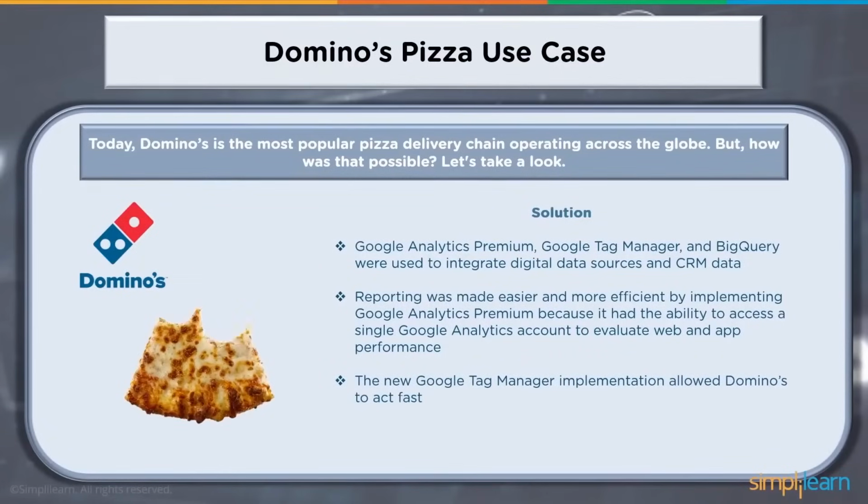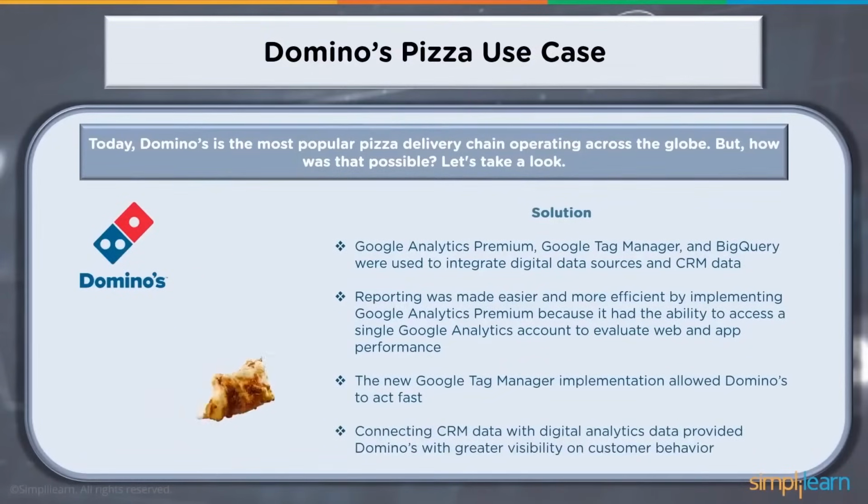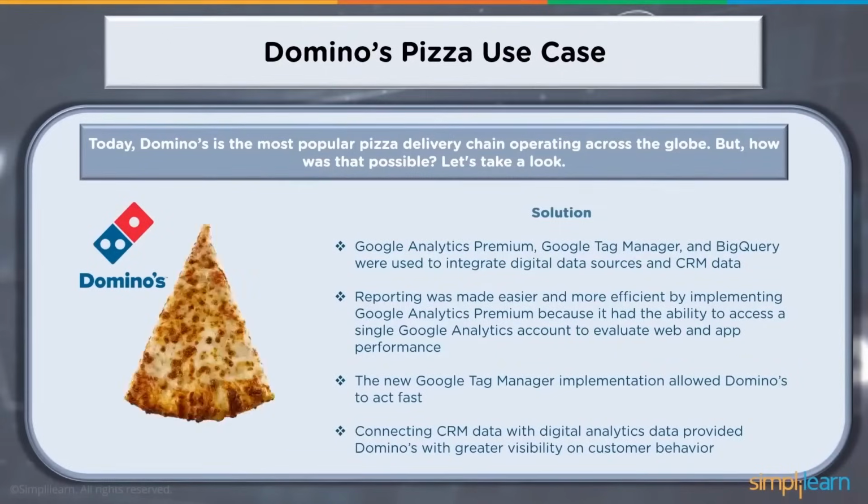By using the new Google Tag Manager implementation, Domino's were able to act fast. They were able to connect CRM data with digital analytics, which basically provided Domino's with greater visibility on customer behavior.